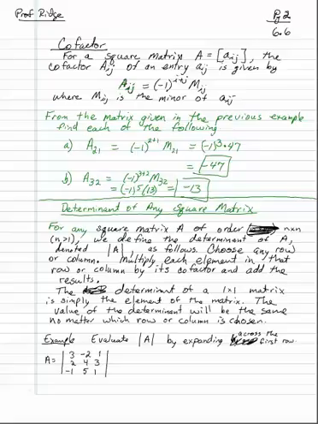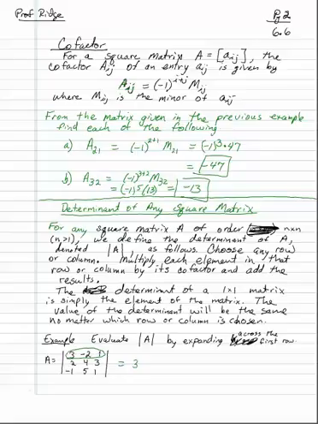Okay, so if I'm going to expand by the first row, I'm going to take each element of the first row and multiply it with its cofactor.